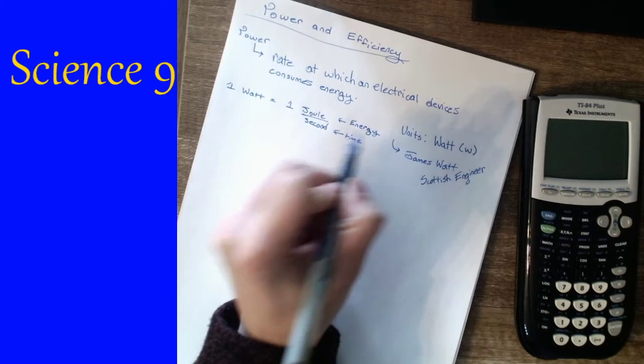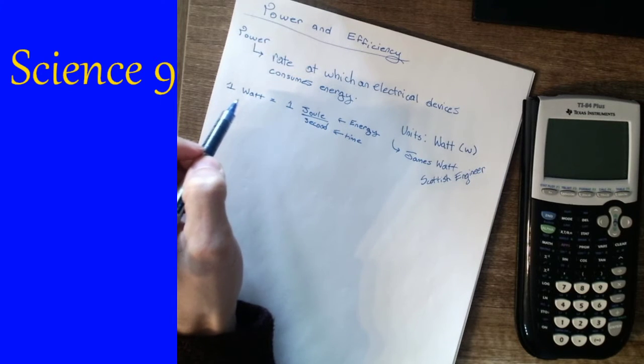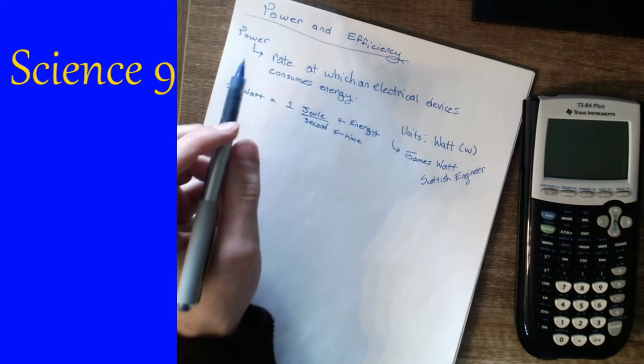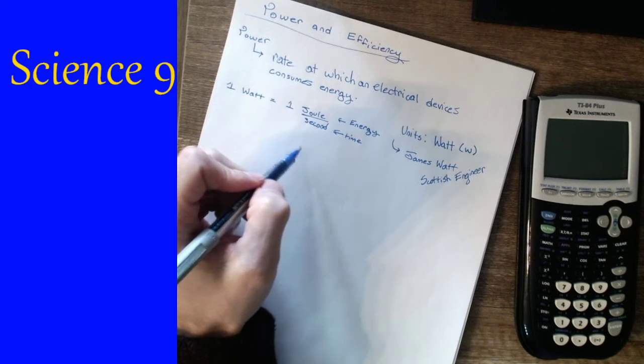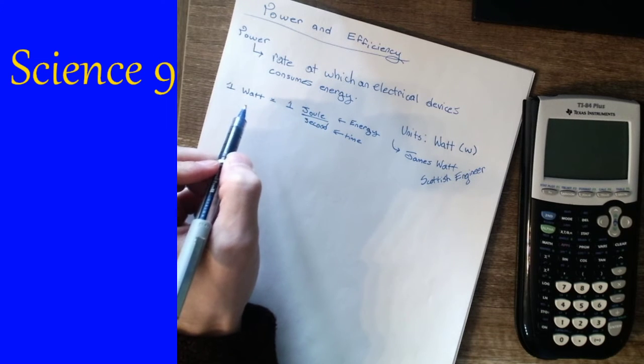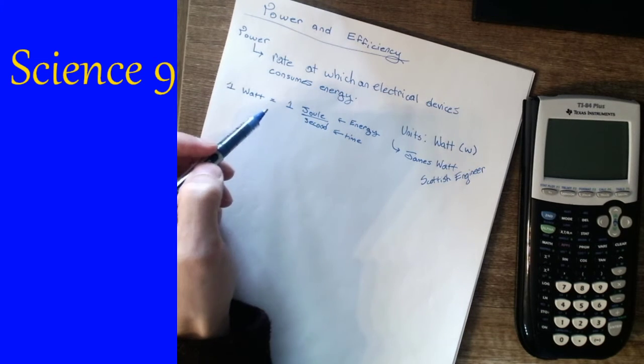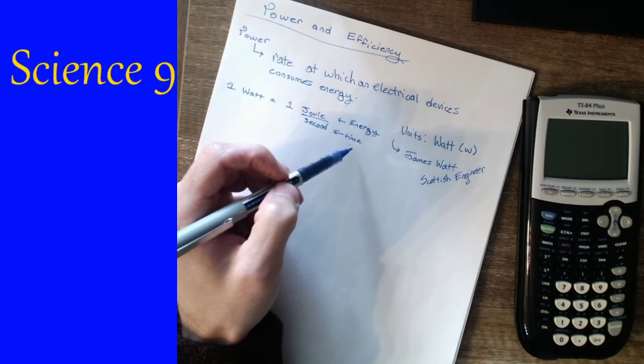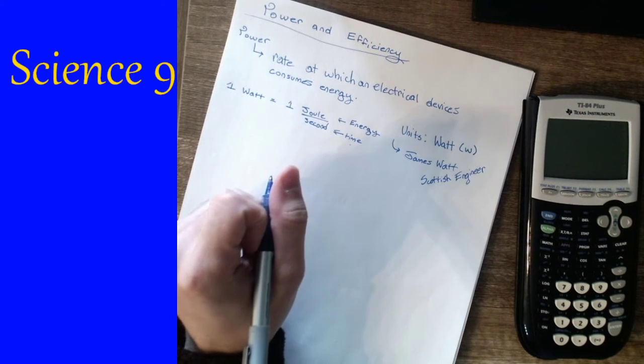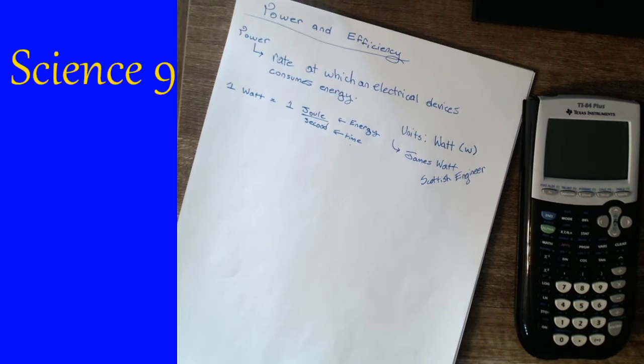So 1 watt is equal to 1 joule per second. So a watt of power really is just how much energy is used per time. That's kind of what we're getting at here.